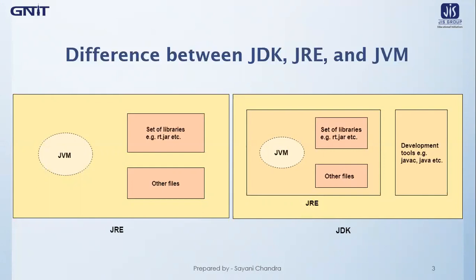We have already discussed in our previous lecture that the tasks a JVM performs are loading the code, which is done by the class loader, then verifying the bytecode, which is done by the bytecode verifier, then providing the runtime environment, executing the code, and displaying it on the hardware or on the screen.